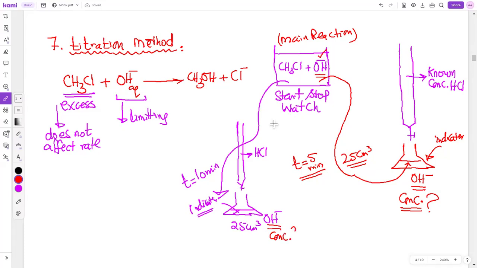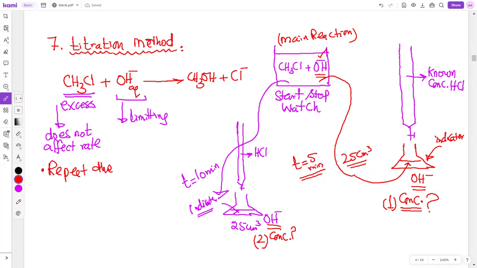Got it? Yes sir. So what do you think, which OH ion concentration will be greater, this first one or the second one? The second one? Oh no, it will be less. The second one will be lesser and the first one will be greater. So then I will repeat this experiment at different time intervals.